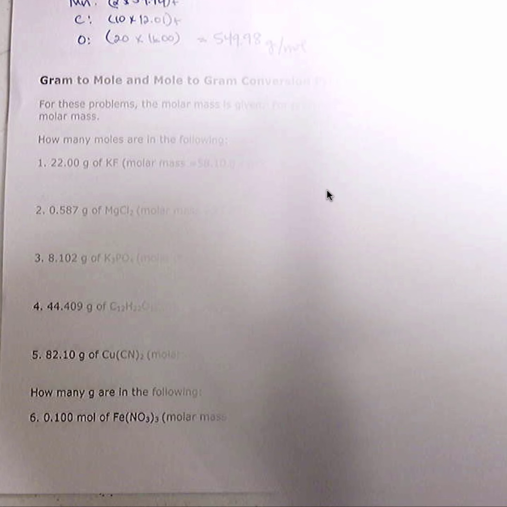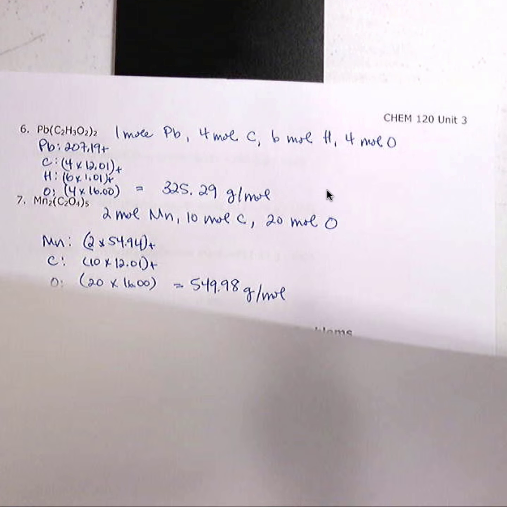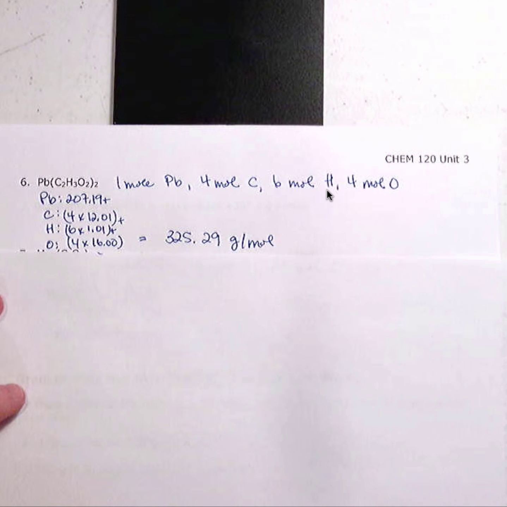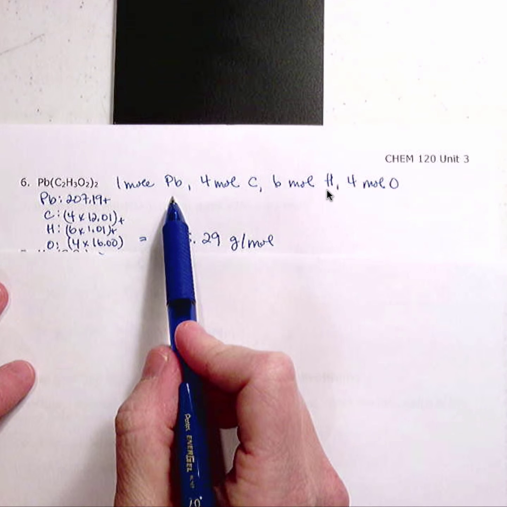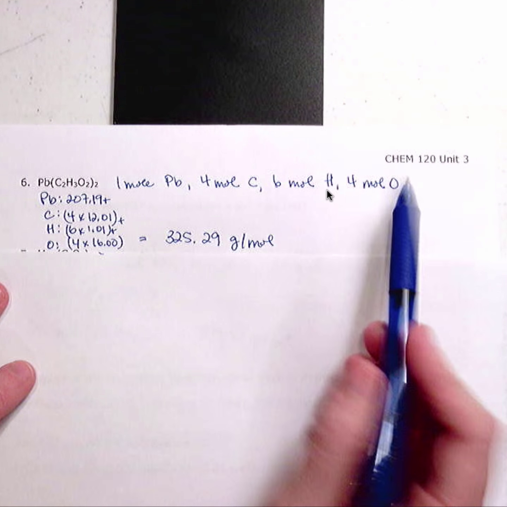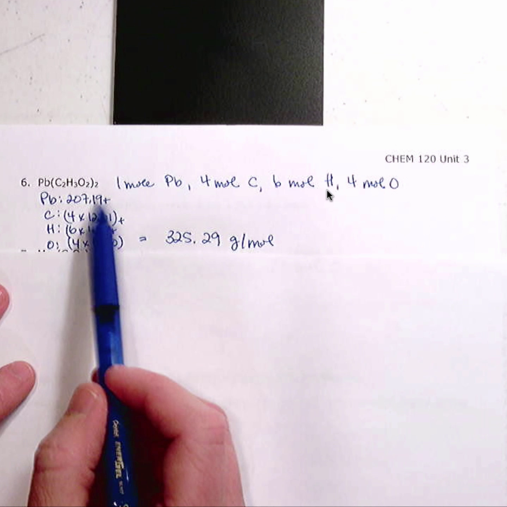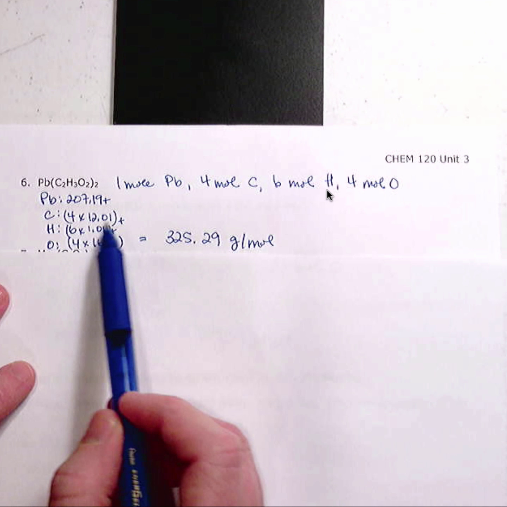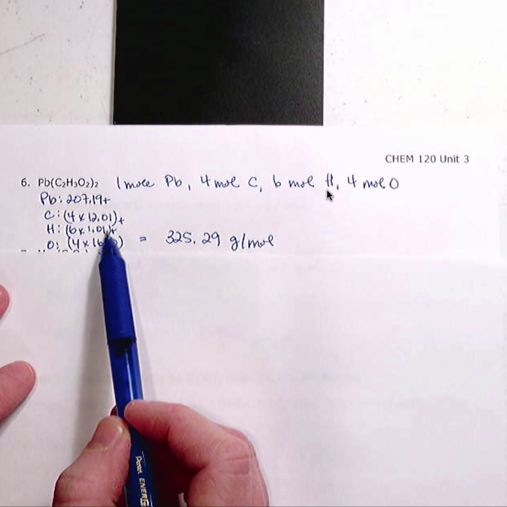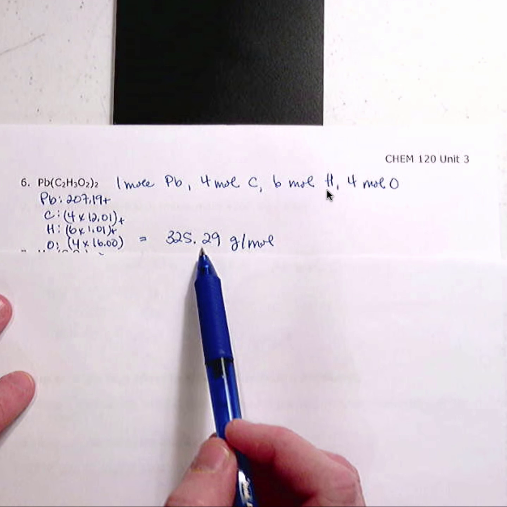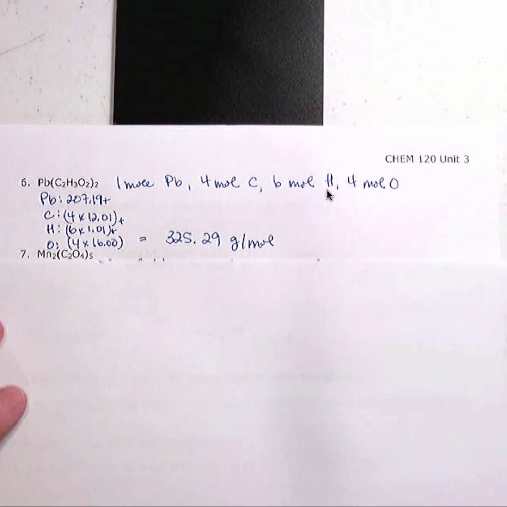All right, on the next page, lead acetate, you have 1 mole of lead, 4 moles of carbon, 6 moles of hydrogen, 4 moles of oxygen. So lead, 207.19, carbon, 4 times 12.01, hydrogen, 6 times 1.01, oxygen, 4 times 16, and you get 325.29 grams per mole.